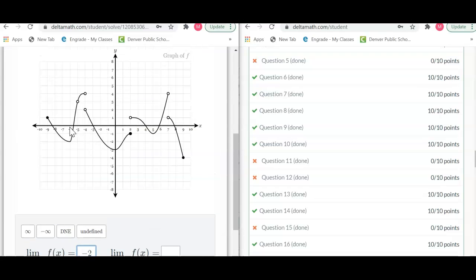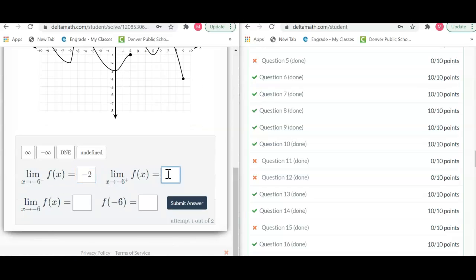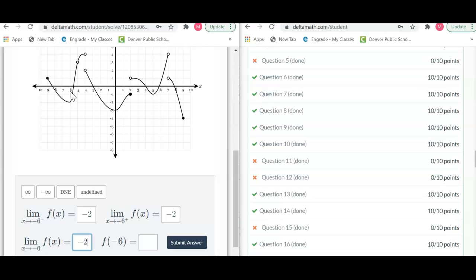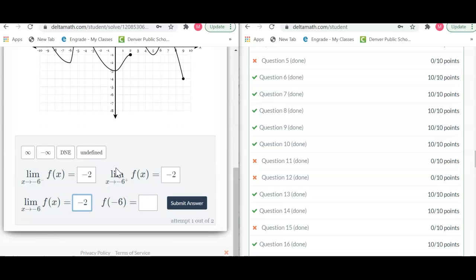The limit from the right side of -6 is also down here at -2. The limit as x approaches -6, well, since these both are -2, that's -2. And my function at -6, well, since there's a smooth curve, no gaps, my function is also -2.